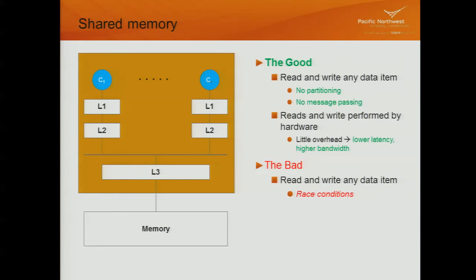We see the emergence of PGAS languages like Chapel and UPC, which provide the programmer a global shared memory view of the world, and under the covers, the runtime system and the compiler decide where the data resides and send the appropriate messages. So shared memory programming is certainly the easiest model to write in from the programmer's point of view.